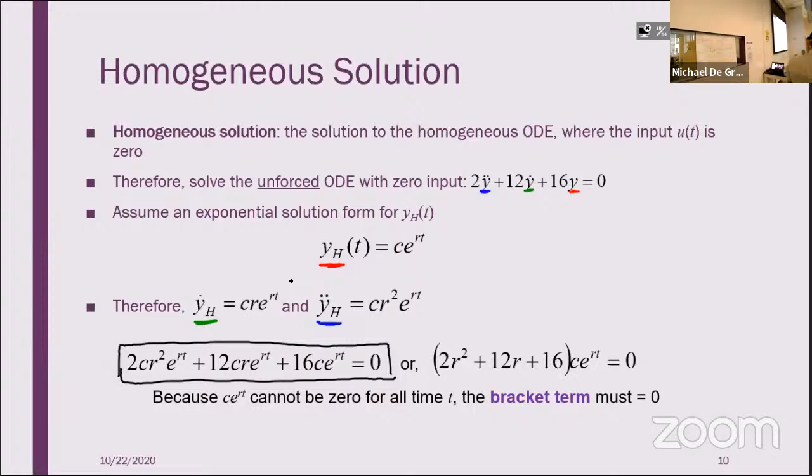C times e to the rt cannot be 0 for all time t. It can't. As time increases, c e to the rt cannot just be 0. So in order to make this a true statement, everything inside of my parentheses has to equal 0.